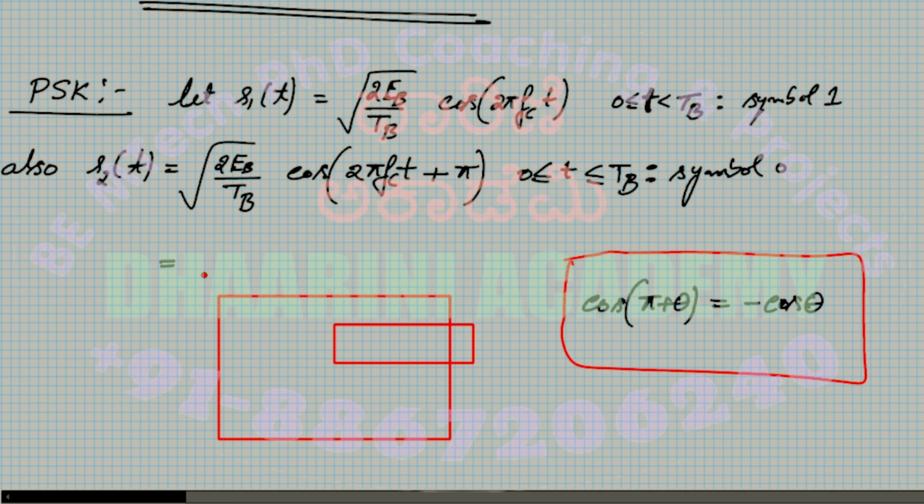So you see, there is a root of 2 EB. Sorry for the inconvenience. It's actually taking some more time.